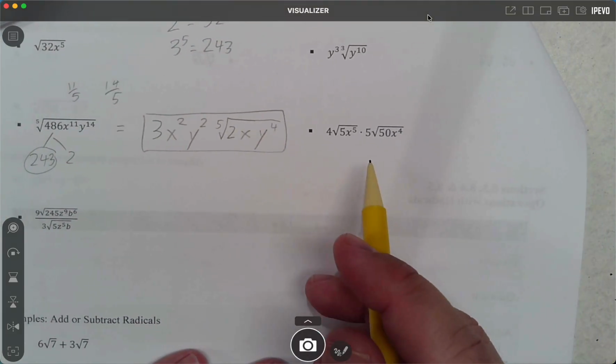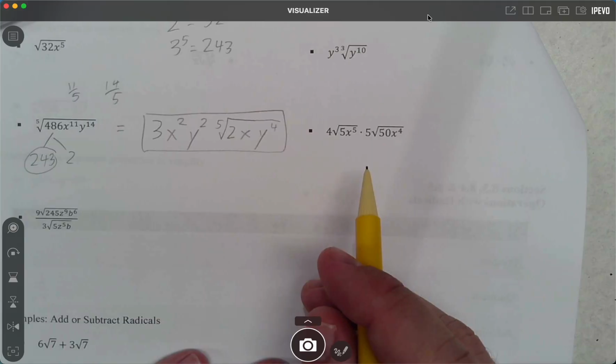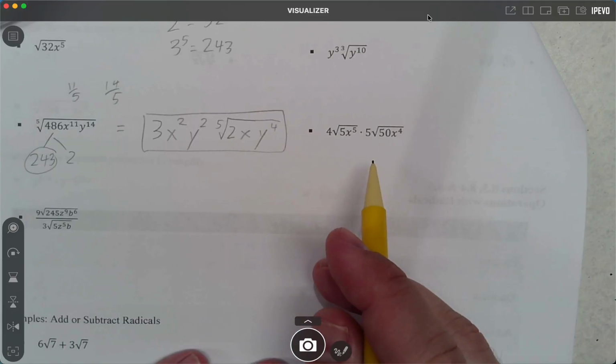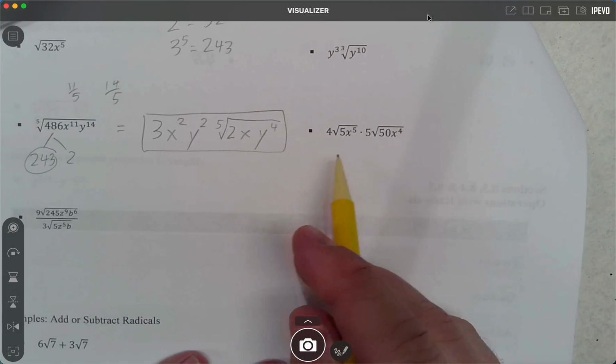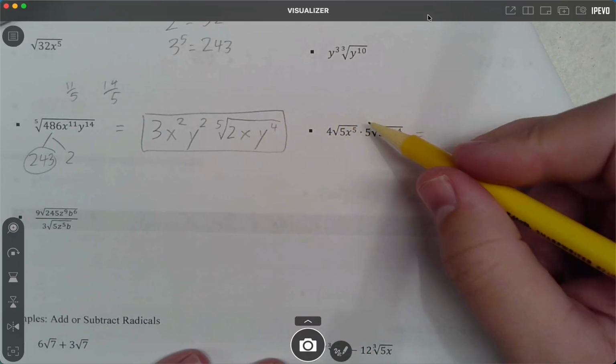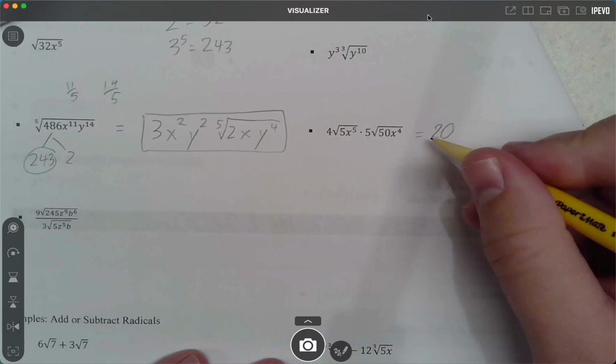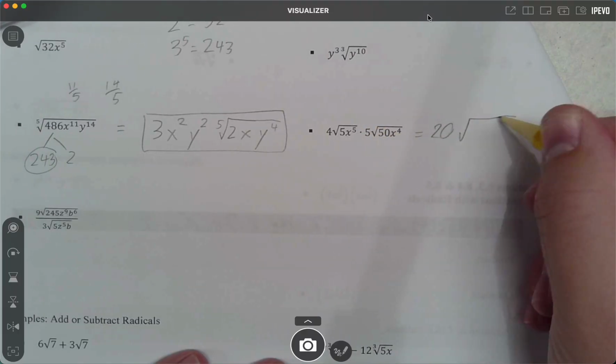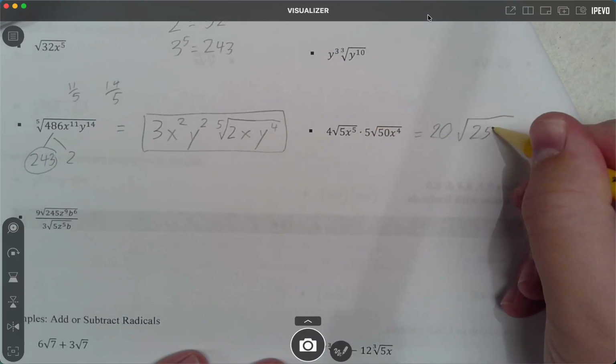For this next example, once again, I'm going to multiply before I deal with any square rooting. So what I mean by that is my first step's going to say, well, 4 times 5 is 20. And then I've got the square root of, let's see here, 5 times 50, which is 250.